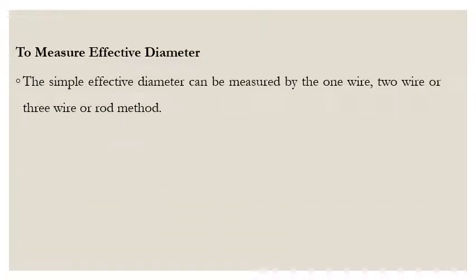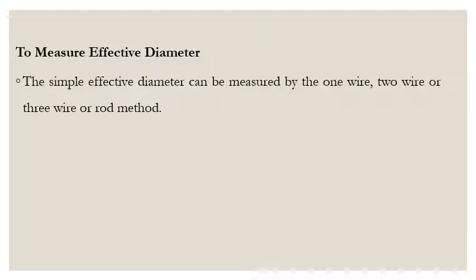Now let us go with the effective diameter. The effective diameter is one of the important diameter terms related to the screw thread, and it has to be measured and known for a given screw thread, because it is going to contribute towards the mechanical strength.